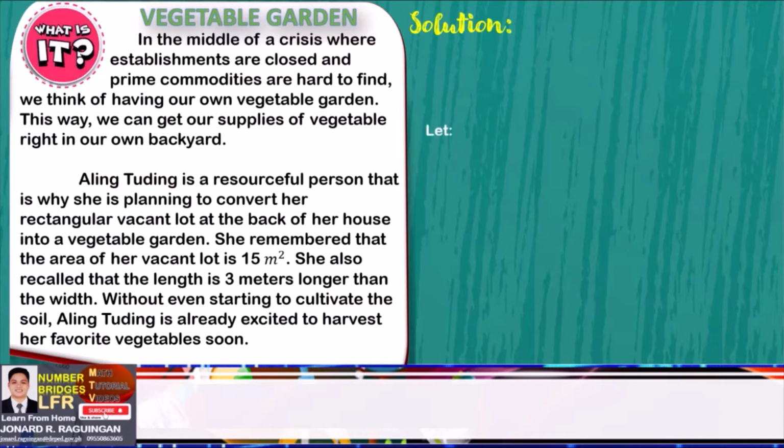If we let x be the width of the garden, x plus 3 is the length of the garden, because it states here that the length is 3 meters longer than the width.